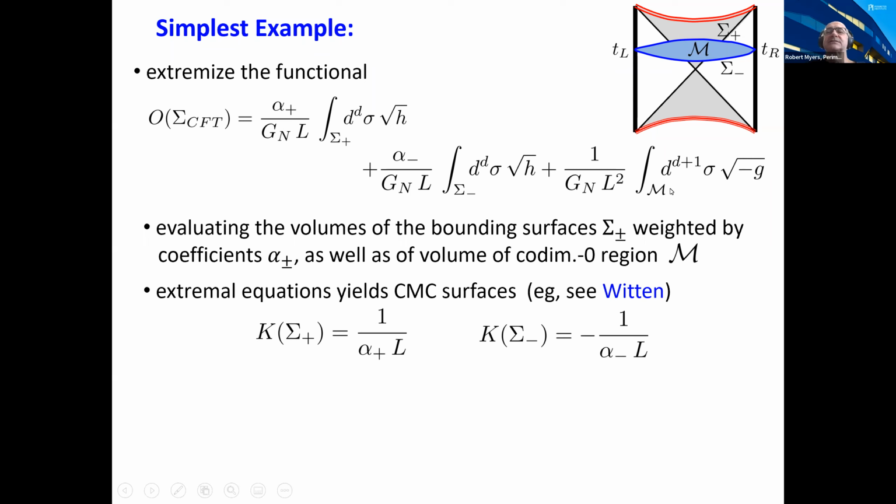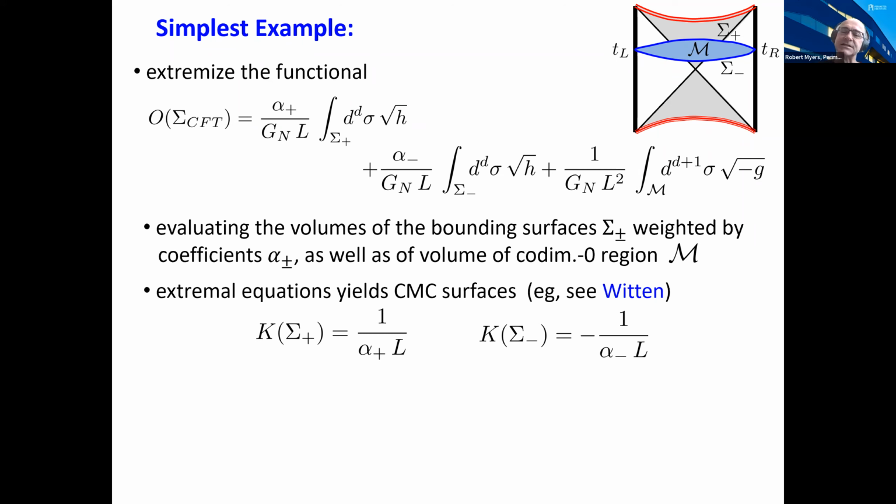You can borrow analysis that, for example, Ed Witten, in fact it goes back to Karl Kukash, who thought about similar constructions, not exactly these. It turns out that the extremal surfaces are constant mean curvature surfaces. That means that the trace of the extrinsic curvature is a constant, and that constant is determined by these coefficients that weight the boundary terms.